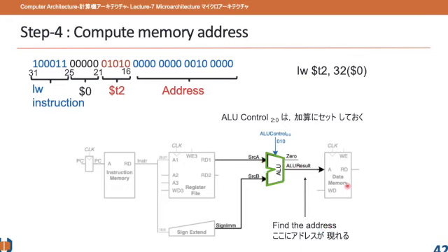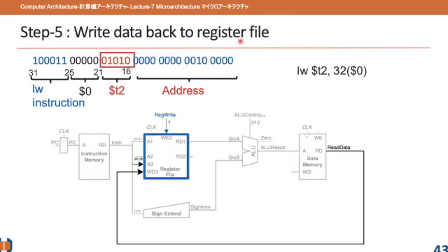Now the data memory we have studied, we can easily find the data, and then we need to store it to the register. This is the last phase, okay? So write back to the register file. Once we get the memory address, we find the data, and here the register file is now used in a different mode. We use A3 here, and that contains bits 20 to 16.